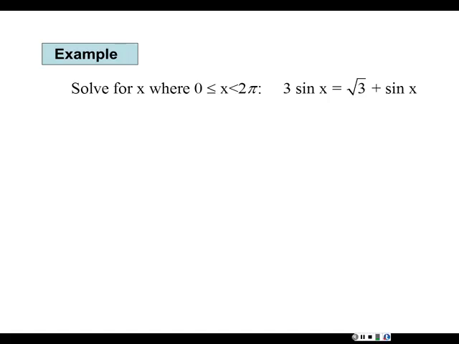Since you know that it is in the second quadrant, you can subtract it from pi, something like this. This is in the second quadrant, right? So what we can do is check like this. You can subtract it from pi, or you can add it to pi, or you can subtract it from 2 pi.